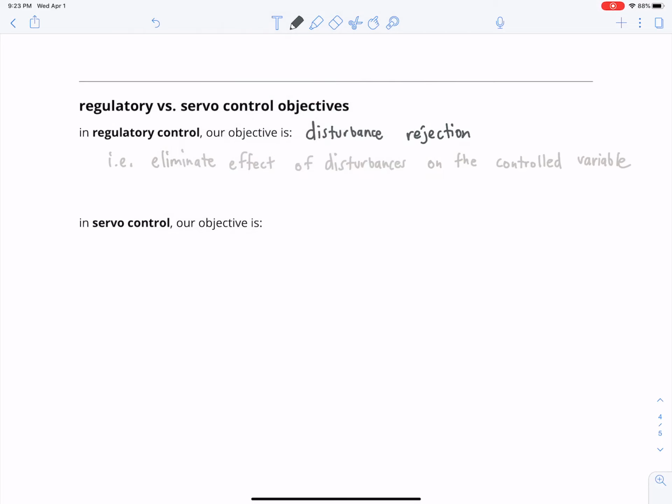On the other hand, in servo control, our objective is different, and that is set point tracking.